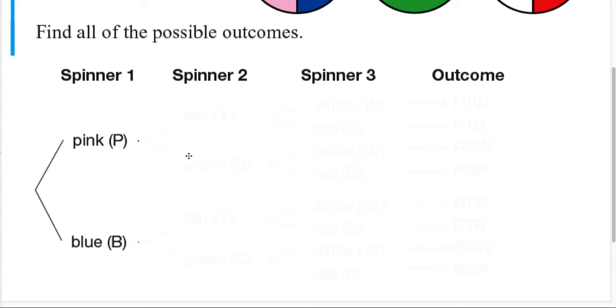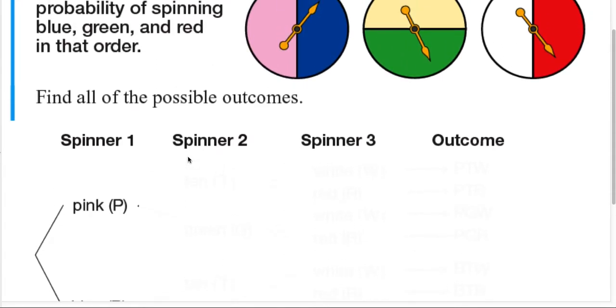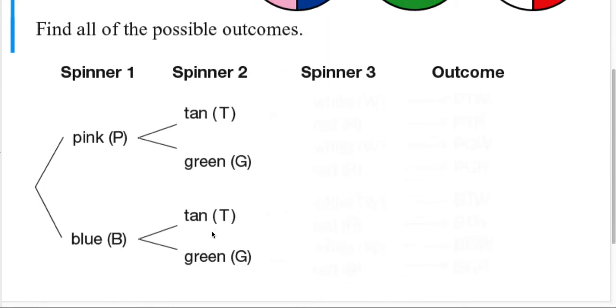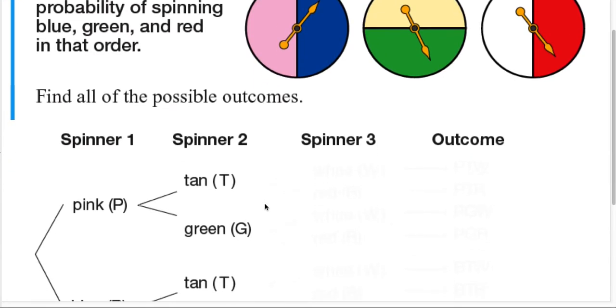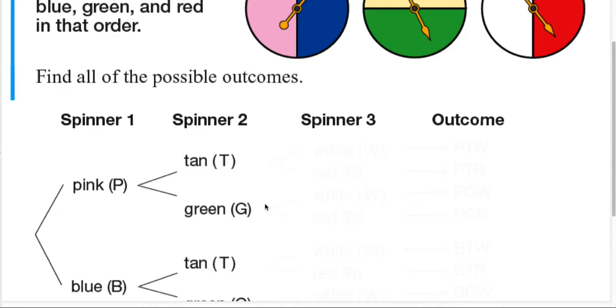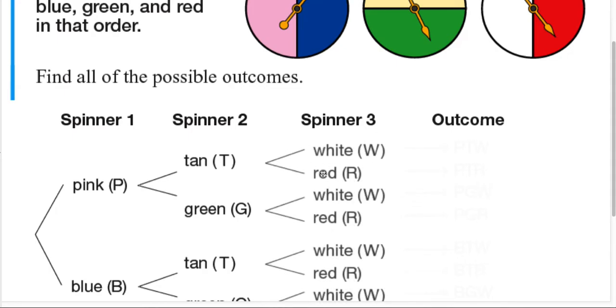Whenever you spin spinner 2 and you get pink, you have another 2 possible outcomes: tan and green. When you get blue, you also have tan and green. For spinner 3, after pink and tan, you have 2 possible outcomes as well: white and red.